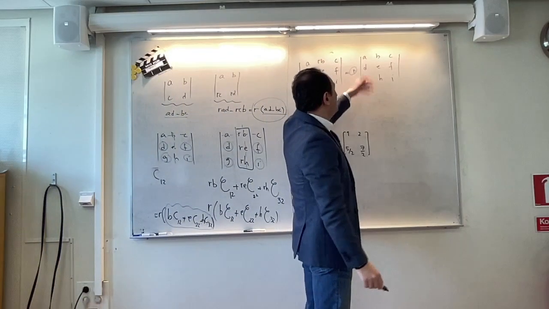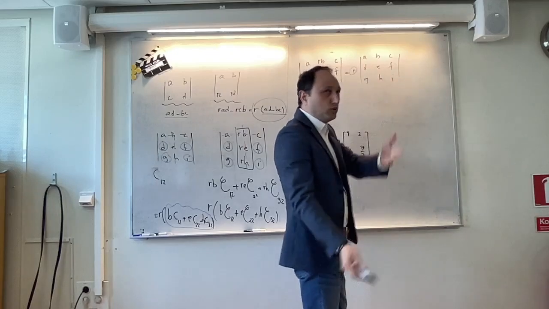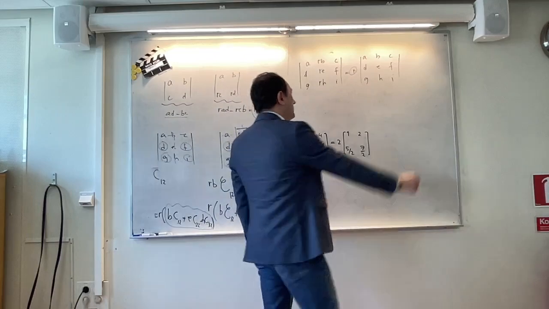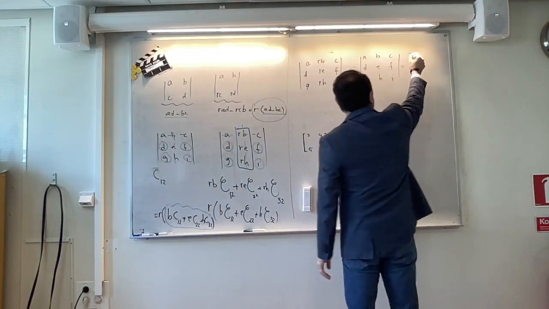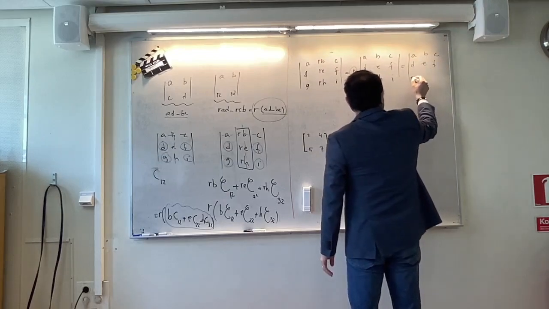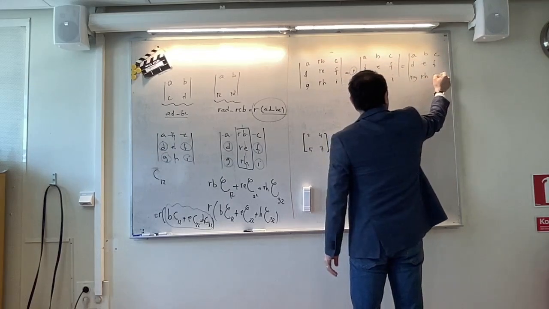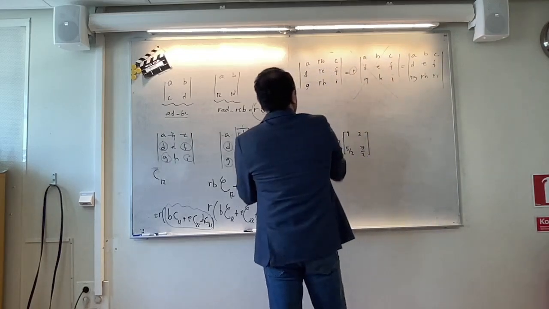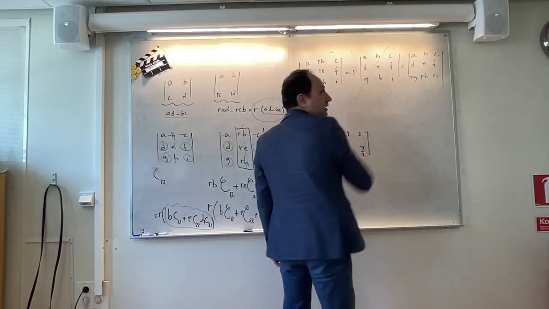You need to decide about which row or which column, according to the problem at hand, you want to multiply it back. So for example, let us multiply it into the third column. It becomes A, B, C, D, E, F, or G, or H, or I. And then you can say that I took R from here and multiplied here.